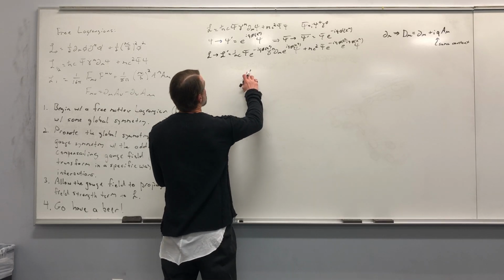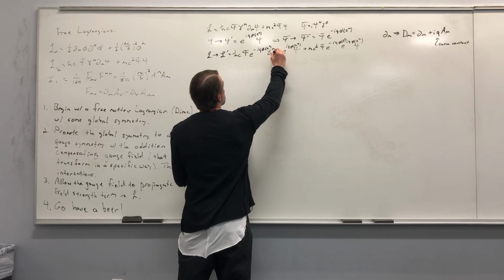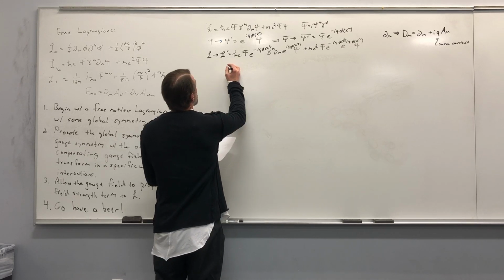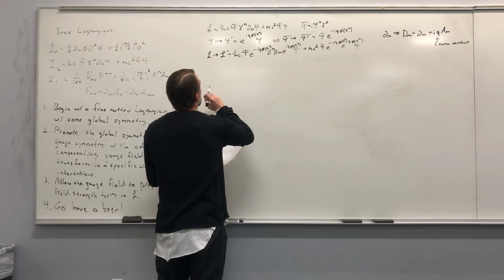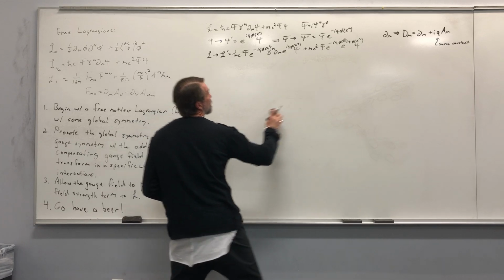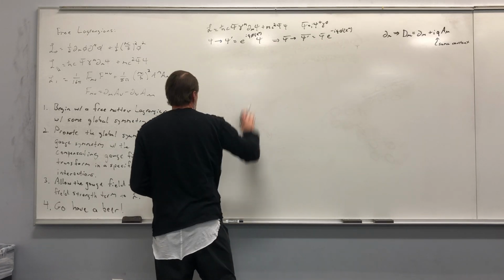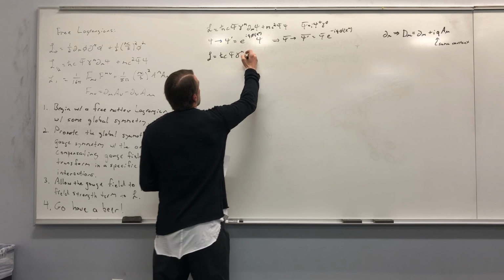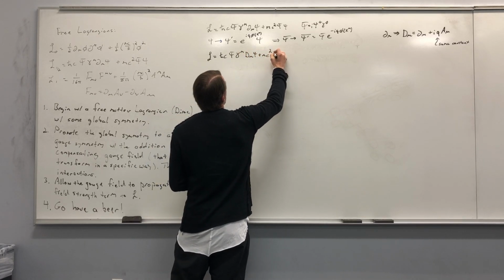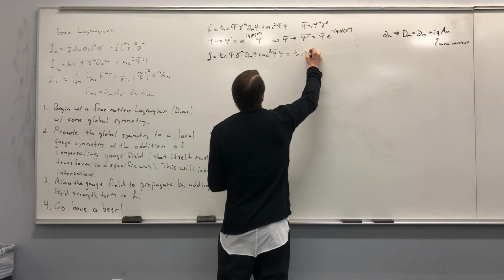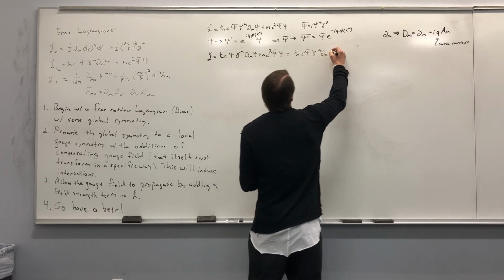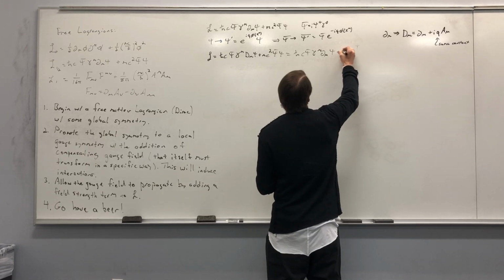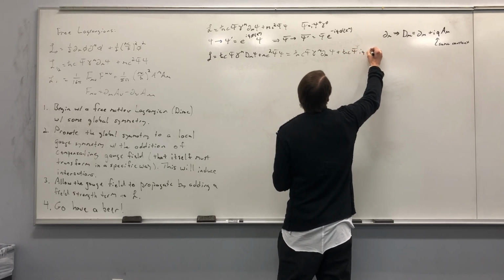I'm going to basically replace this with capital D, and rewrite the Lagrangian in terms of this capital D. So h bar c psi bar gamma mu, capital D mu psi plus mc squared psi bar psi becomes h bar c psi bar gamma mu lower d mu psi, and then I basically replace the lower d mu with the iq a mu and yet an identical term.